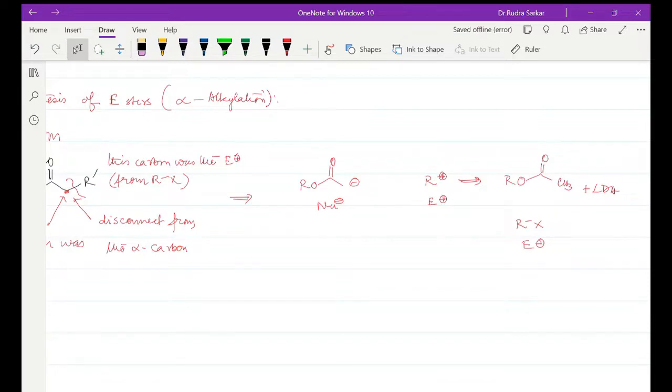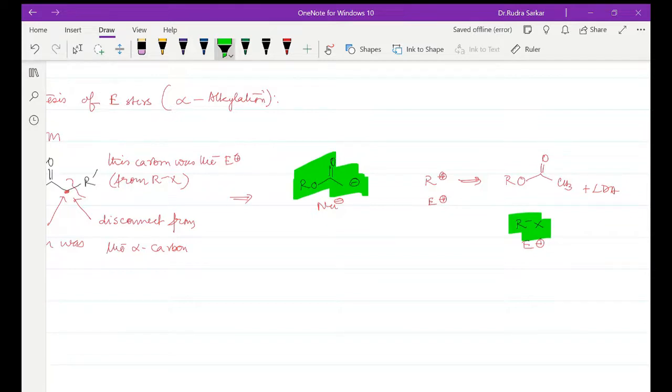So the reaction of this ester enolate with the RX will be involving an SN2 type backside attack, and hence the alkyl halide that we are going to use has to be an unhindered alkyl halide to avoid any type of elimination reaction.